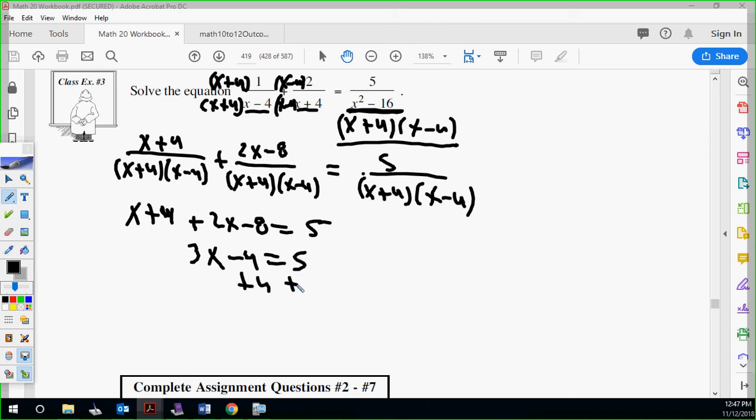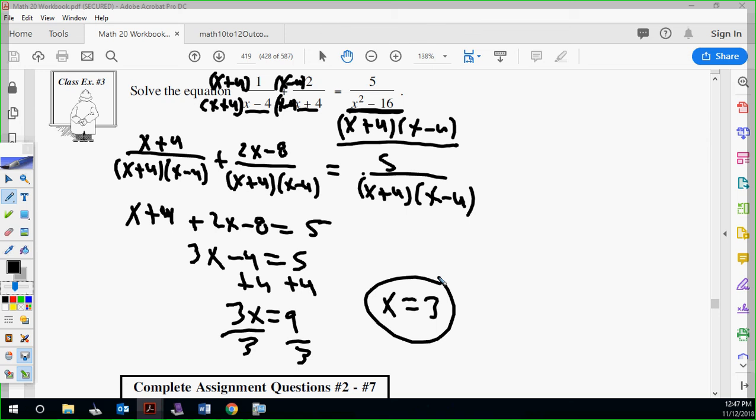Add the 4. 3x equals 9. The x is 3. You verify that, and it still works. Sure, you can write them x squared minus 16 if you want.